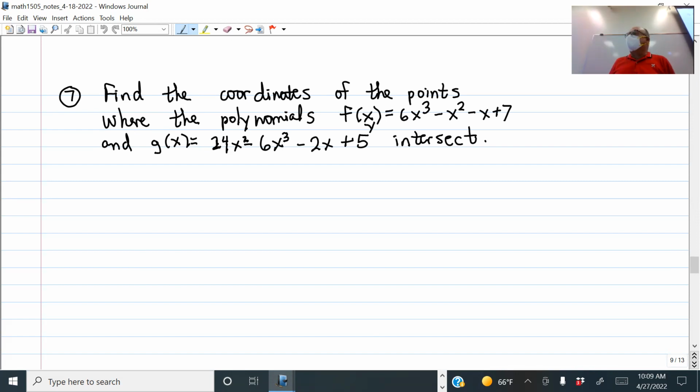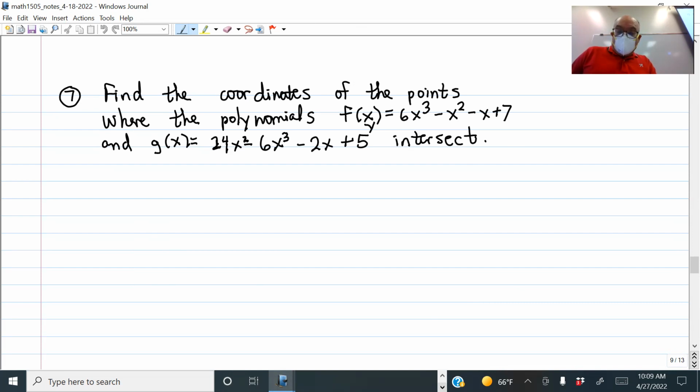So intersect means where the graphs cross one another, right? Now it may be that these graphs never cross each other, so there may be no solution. But we can check that by making the graphs and looking to see if they really do intersect, and then think about how we would find those intersection points.